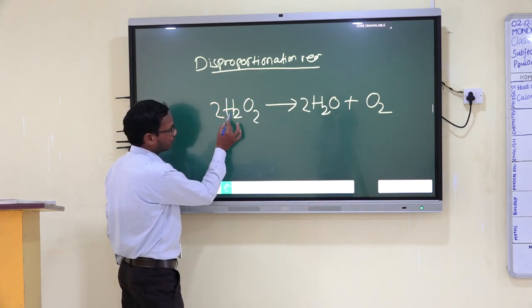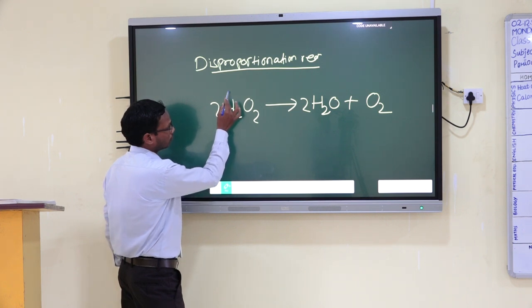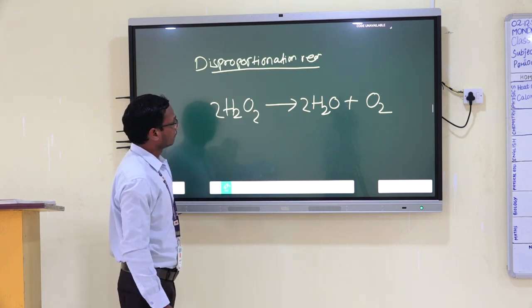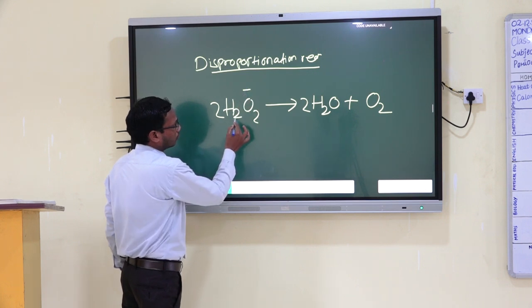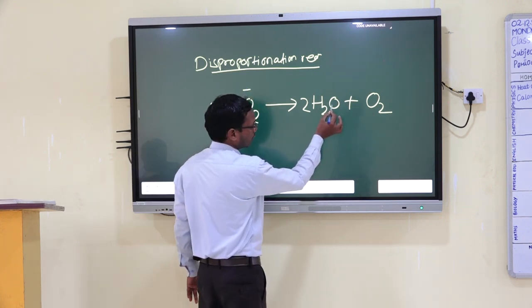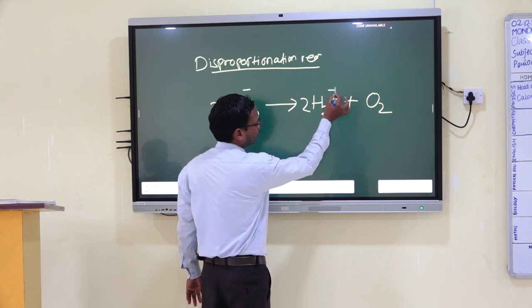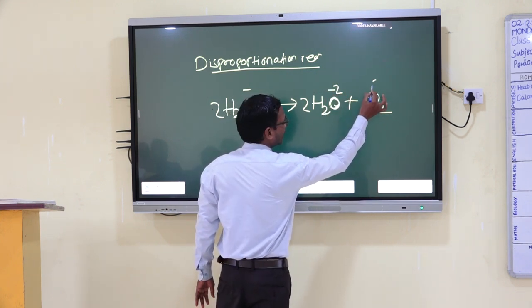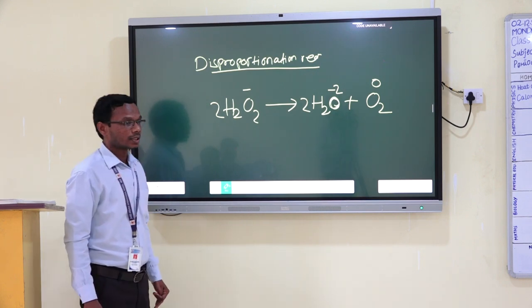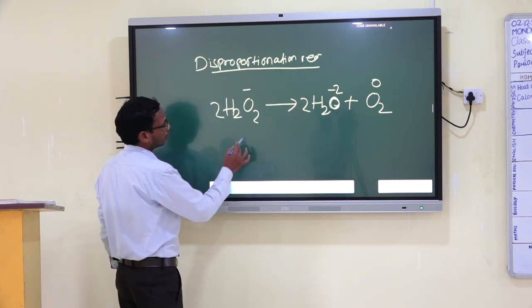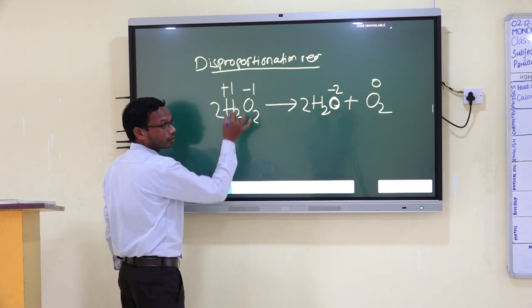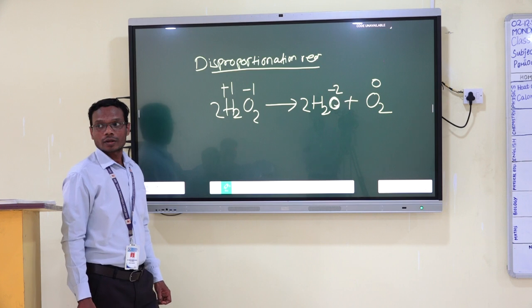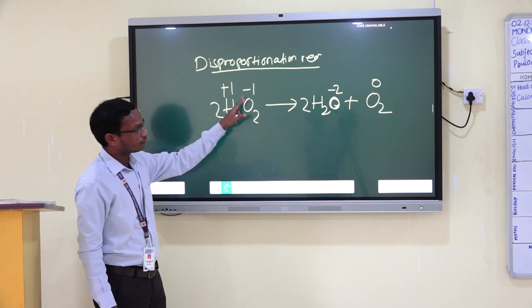In this reaction, the oxidation number of oxygen in H2O is -2, in O2 it is 0, and in H2O2 the oxidation number of hydrogen is +1 and oxygen is -1.